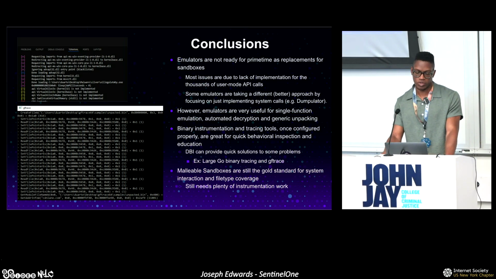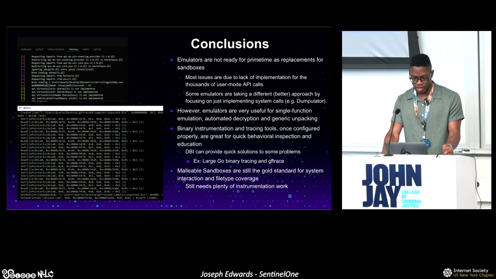If you implement those, it doesn't matter if the user mode ones don't work, because there are a lot more user mode APIs like VirtualAllocEx exported in kernel32 than there are system calls, so you get a lot more coverage. The only difficulty is that the arguments for those system calls are more complicated, and the system calls change based on the Windows version. So it's still a very hard problem for emulators to get ahead of.